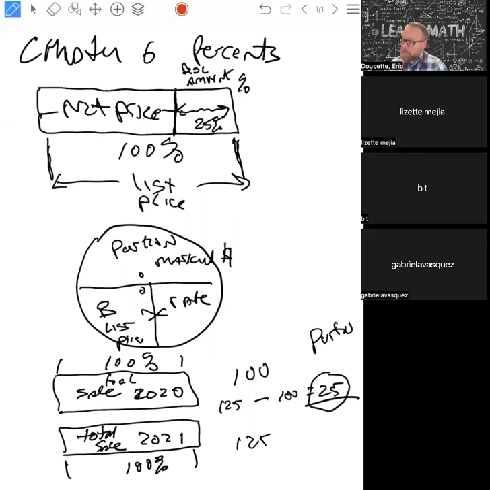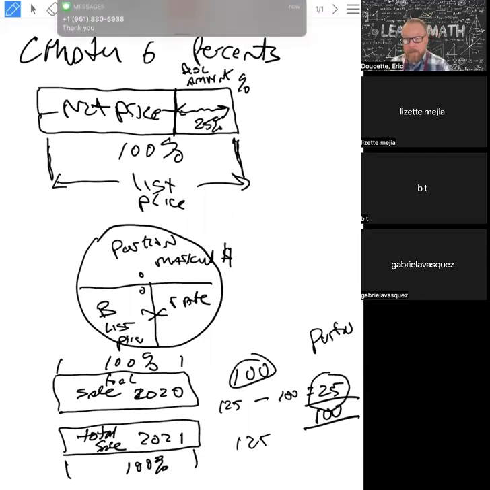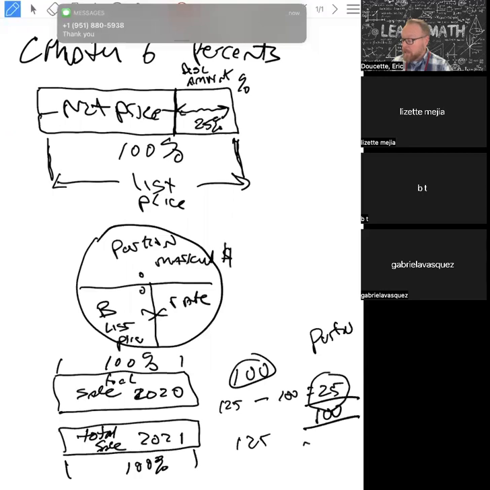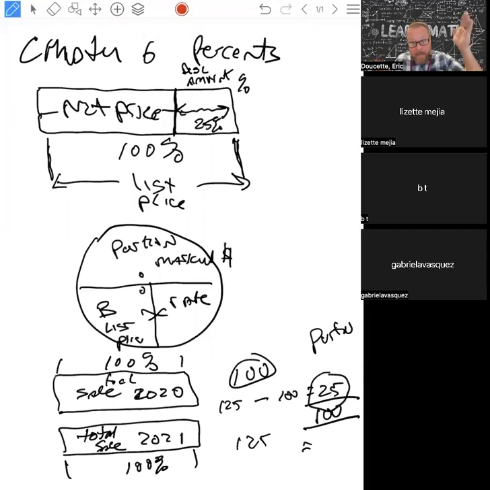And that portion would be divided by the original amount. So in this case, it was 100. And so we're going to be able to determine what the percentage rate is based off of that. And then that difference would show you the difference between that year 2020 and the next year 2021. In this case, it was an increase in the amount of percentage.